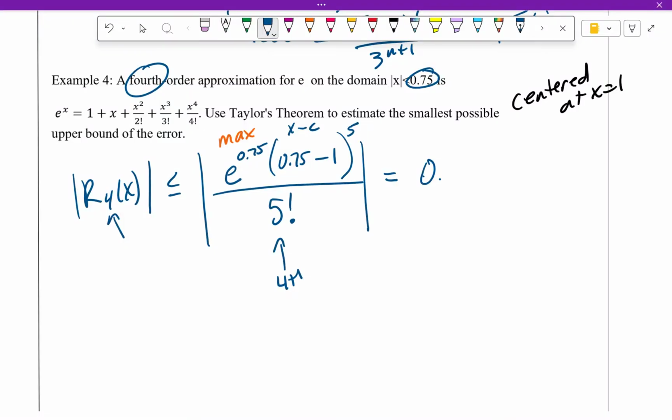Okay, 0 point what? 0, 0. How many zeros?